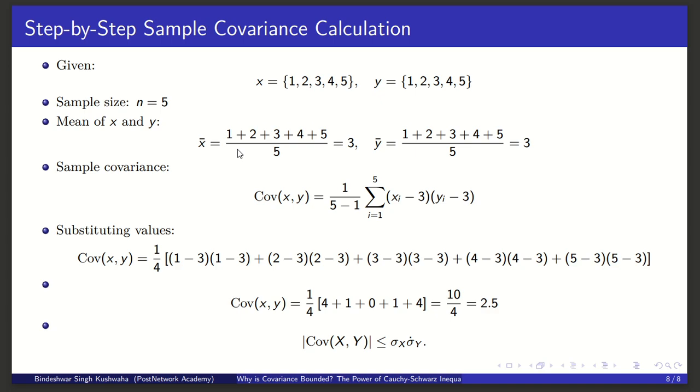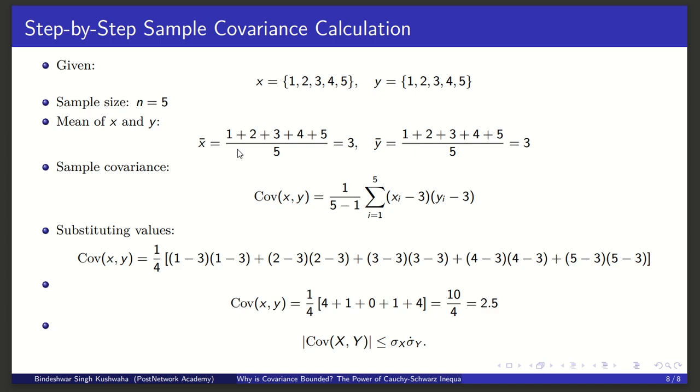So you can see that the modulus of covariance xy is less than or equal to sigma x sigma y. That means the product of sigma x and sigma y is the upper bound for covariance, and this will help you understand Karl Pearson's correlation. You will understand it easily.